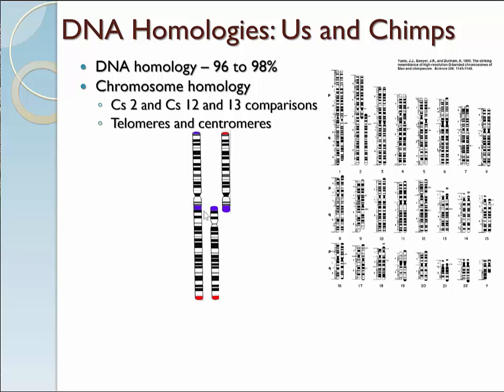And there it is. And again, it lines up with the 12 and 13 telomeres. So this is pretty strong evidence that we shared a common ancestor with chimpanzees, and that our chromosome 2 is a fusion of 12 and 13. And the best way to explain it is through evolution.